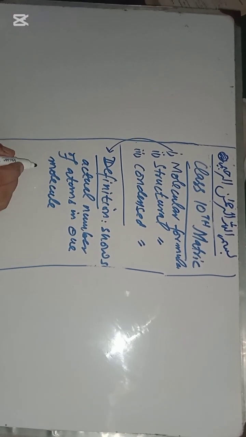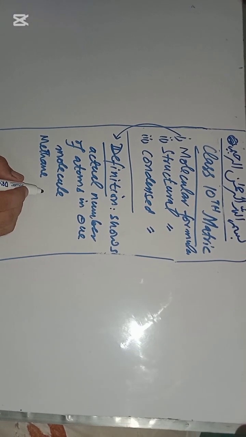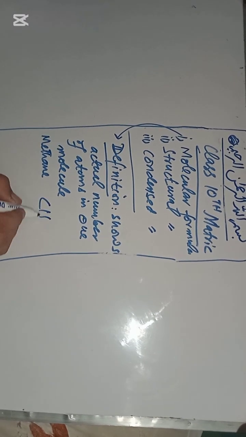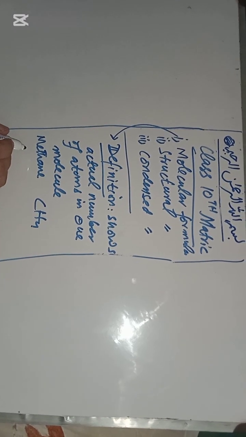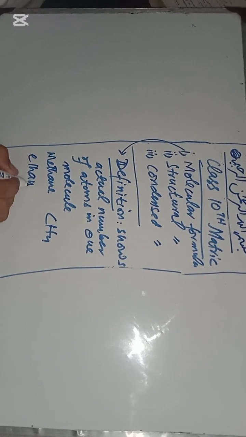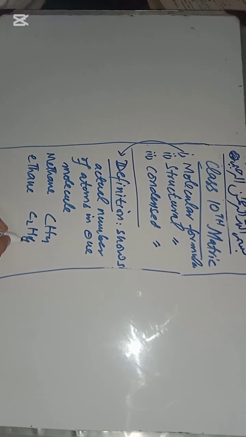For example, methane is an organic compound. Its molecular formula is CH4. Clear? Similarly, the molecular formula of ethane is C2H6.